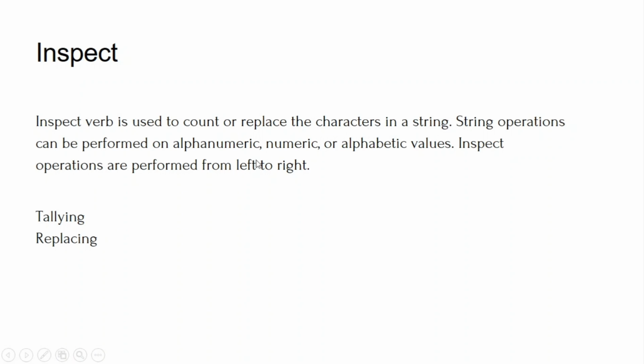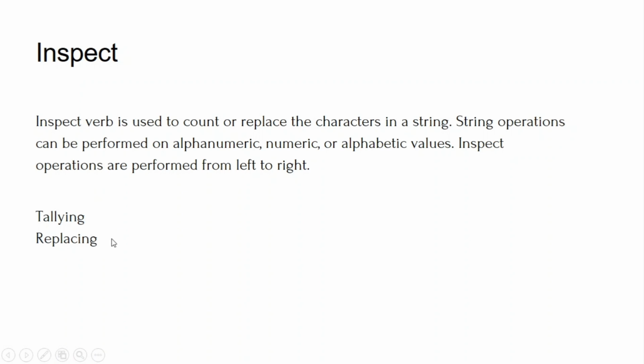String operations can be performed on alphanumeric, numeric, or alphabetic values, meaning all three data types. Inspect operations are performed from left to right. So in inspect, we have two options. First is tallying and the second one is replacing.